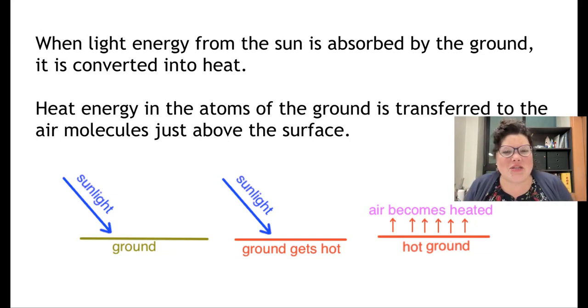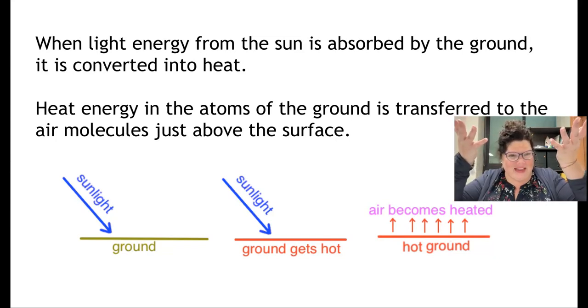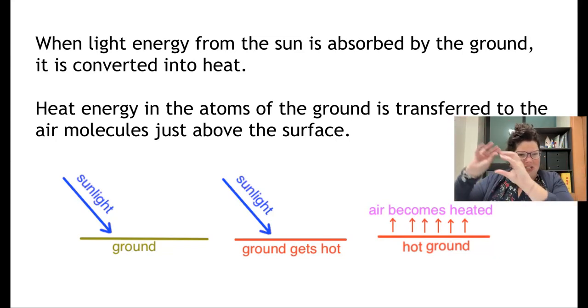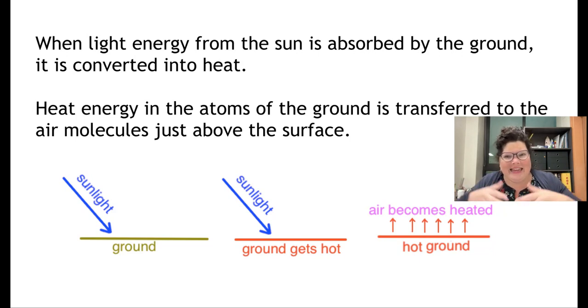The heat energy is going to be transferred to the atoms in the ground, and then that heat will heat up the air above it. So light energy comes in, heats up those atoms of what it's touching, and that heat energy is going to heat the gas in the air around it.